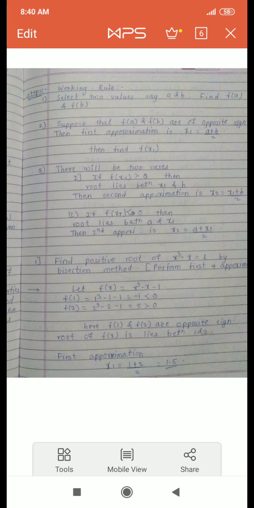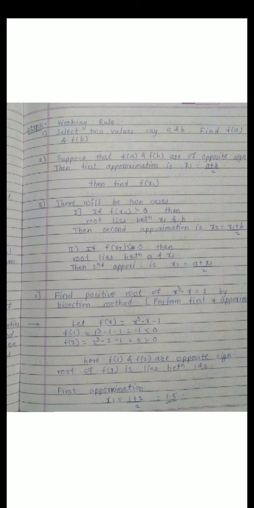If f of x1 is greater than 0, and here we assumed that f of a is positive, then our root lies between x1 and b.